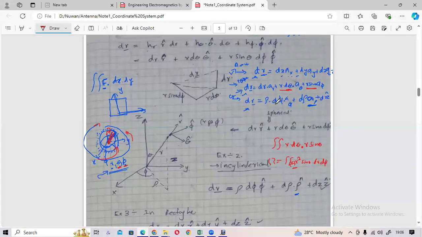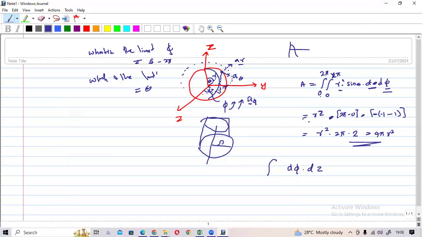Phi is coming with rho, so you have to insert the rho here.